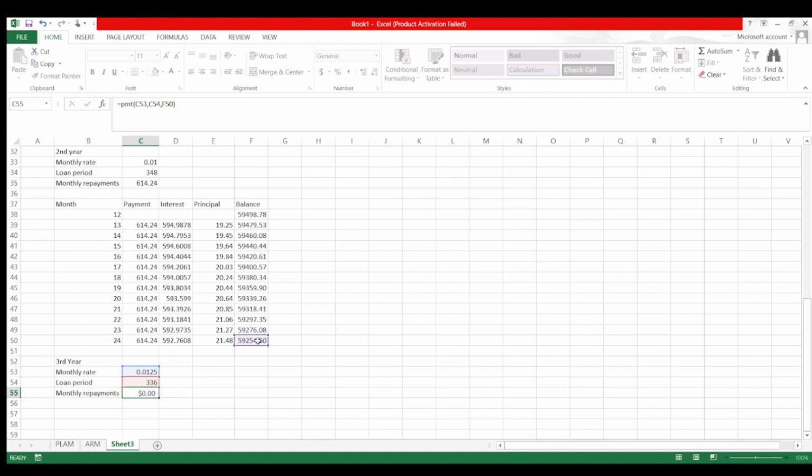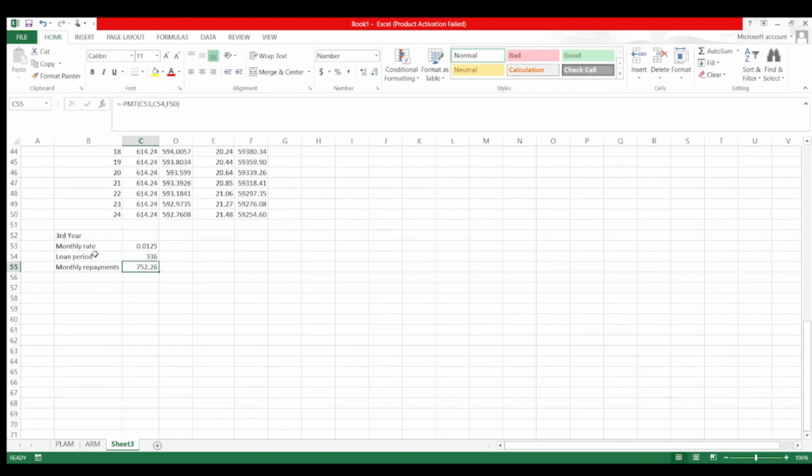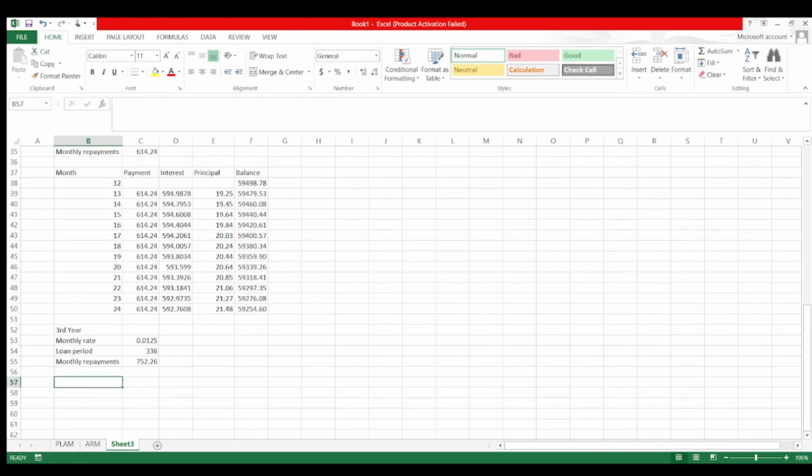Close the brackets, then enter. Now with this information, we can also proceed and create the amortization table again.